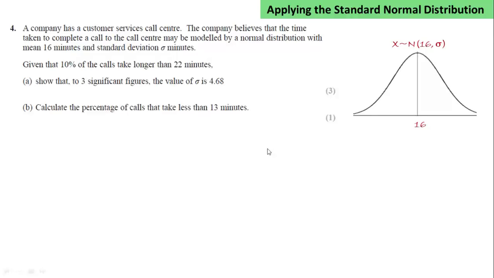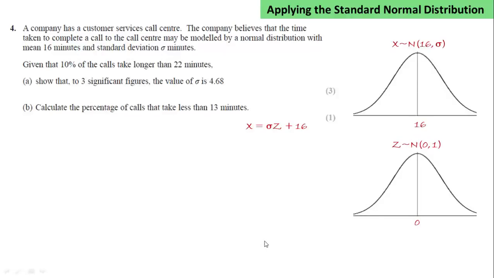So what do I do? I draw a normal curve. So x here being the time it takes to complete a call. I know the mean is 16, and I write sigma for the standard deviation. I compare it to the standard normal distribution z with mean 0 and a standard deviation 1.